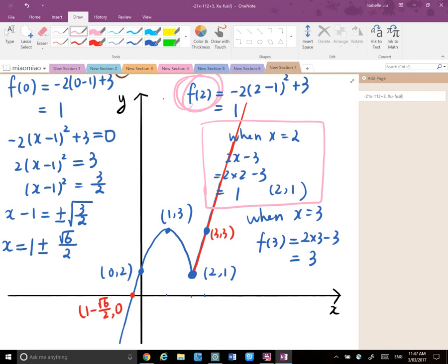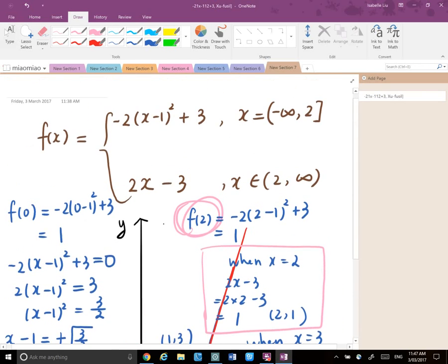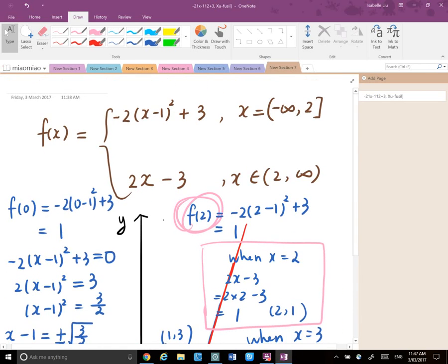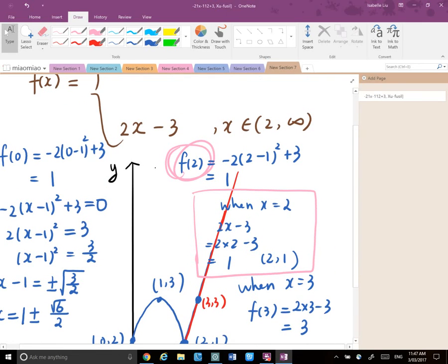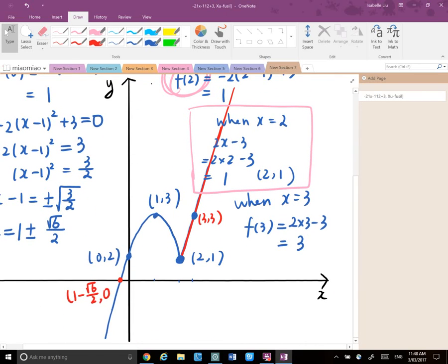If you write f(2), you should substitute into the correct equation, which is the first one. But I also want to see what the second function equals when x equals 2. That's why I directly write 2x minus 3 equals whatever, and I'm not writing f(2) equals that. If you write f(2), then you need to substitute 2 into the correct place.